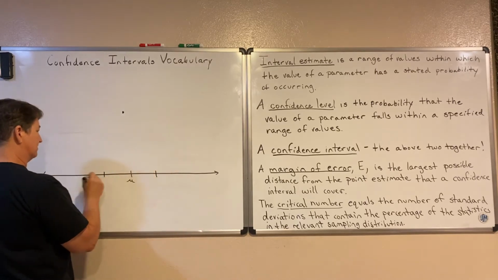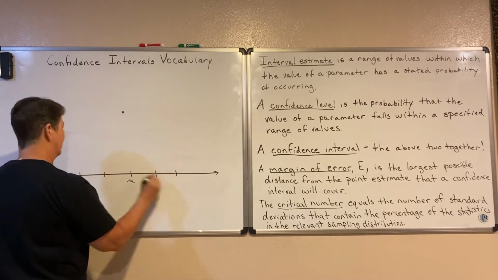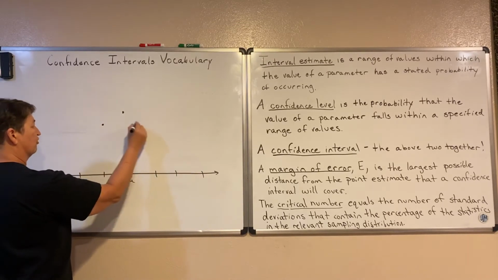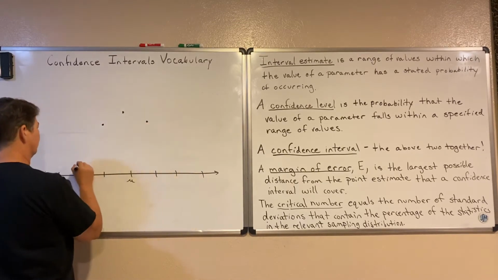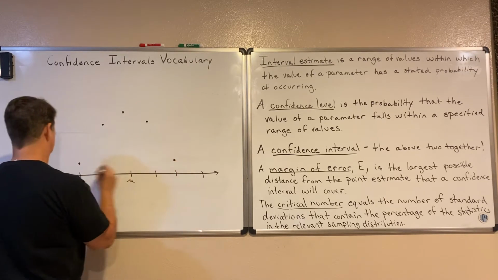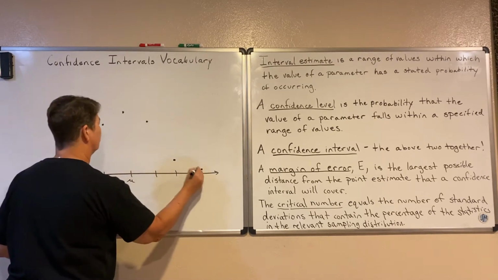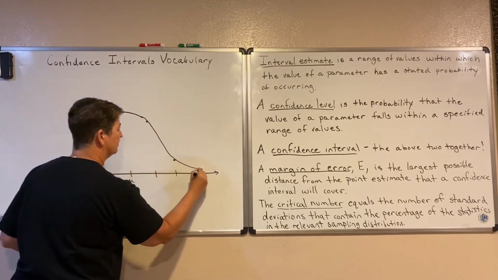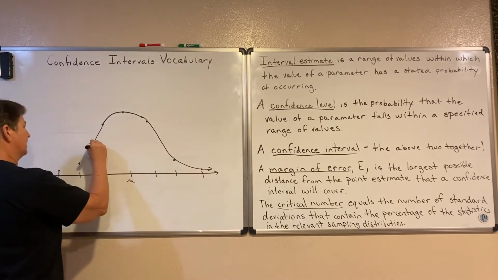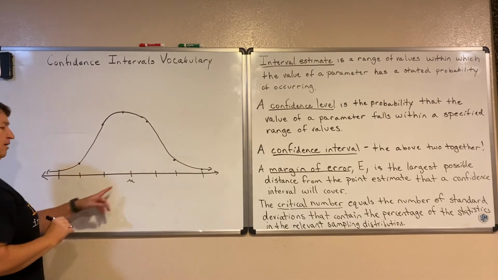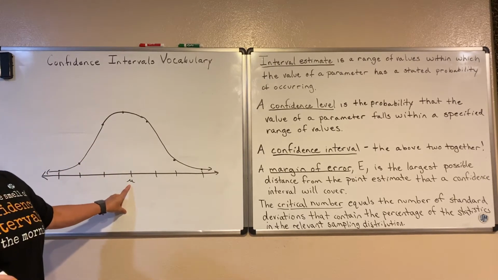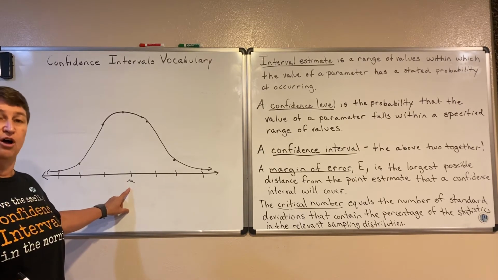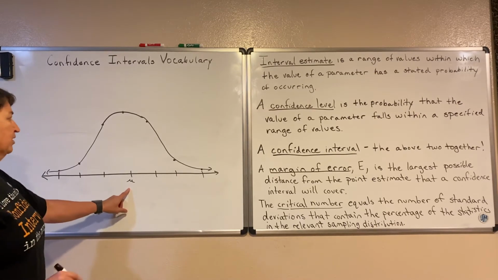So I'm going to show my standard deviations here and draw a normal curve like the sampling distribution would be. And that mean is that unbiased estimator. Or if we find a proportion, we saw that the proportion is also an unbiased estimator.